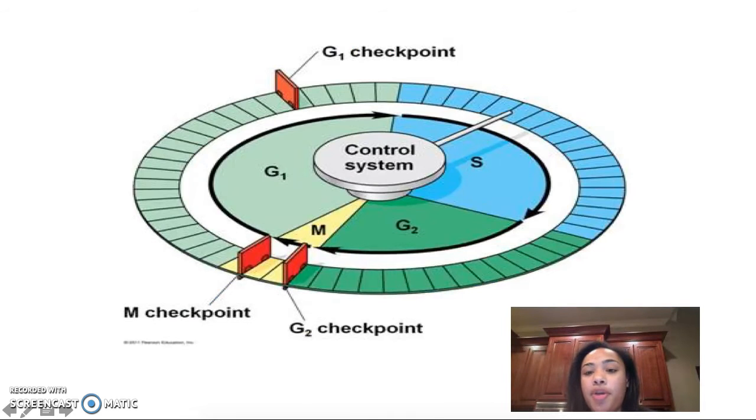Here we have another picture of the cell cycle. It's a little more in-depth because it includes the checkpoints. Like we stated before, the checkpoints check for certain crucial events to have occurred before the cell can continue throughout the cycle.